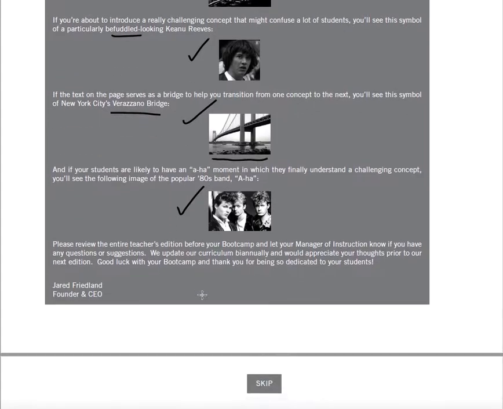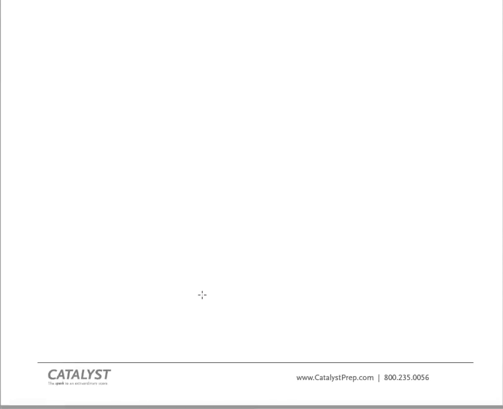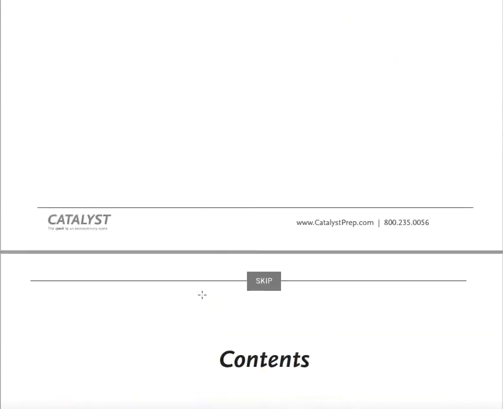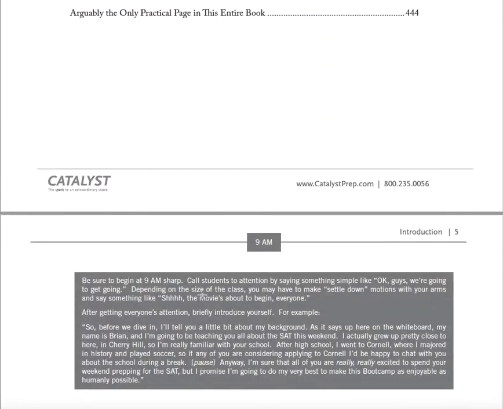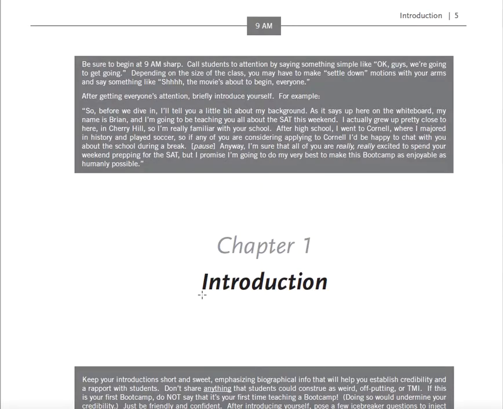So before we actually dive into this teacher edition and get into the strategies which are laid out here, I want to talk to you guys a little bit about logistics. So you'll notice here that the first page, other than that introduction page that I just showed you, the first page that has any real directions for you is page 5.